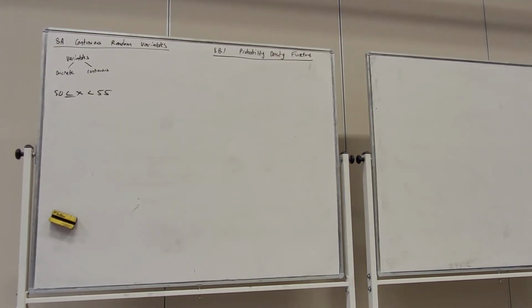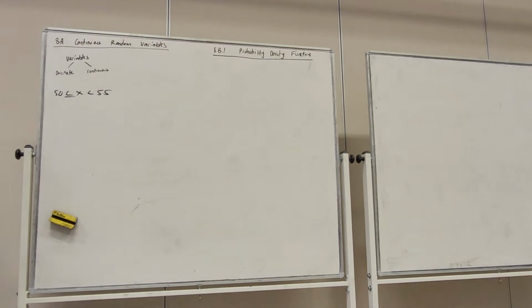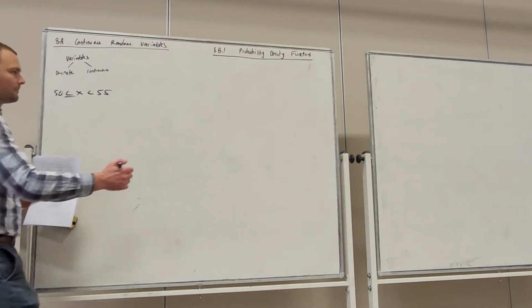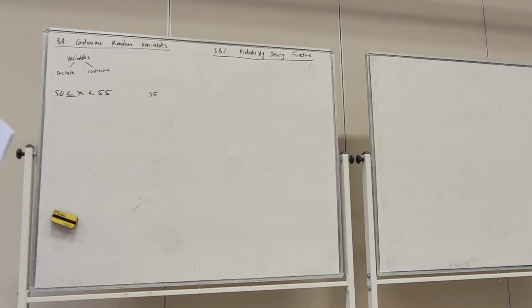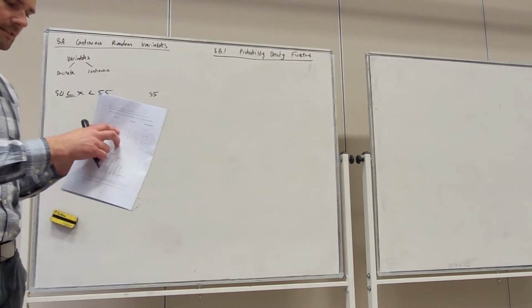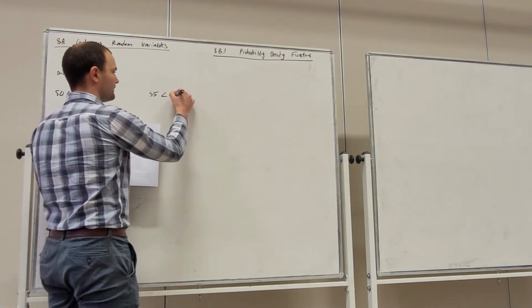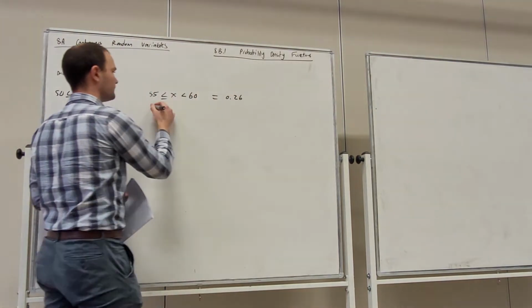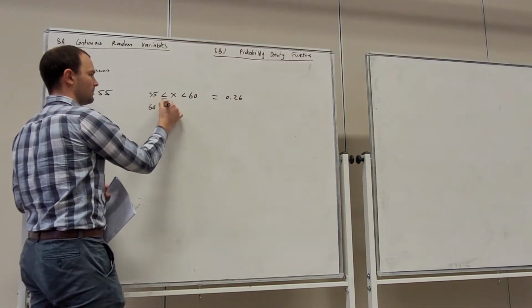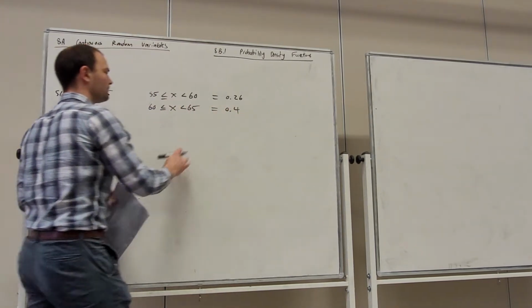Let's jump right down to the bottom at part A. Find the probability that the weight of a randomly selected egg is between 55 and 65 grams. So if we're going from 55 to 65, that's going to be the interval from 55 to 60 plus the interval from 60 to 65. So the probability of it being between 55 and 60 is 0.26. And the probability of it being between 60 and 65 is 0.4.